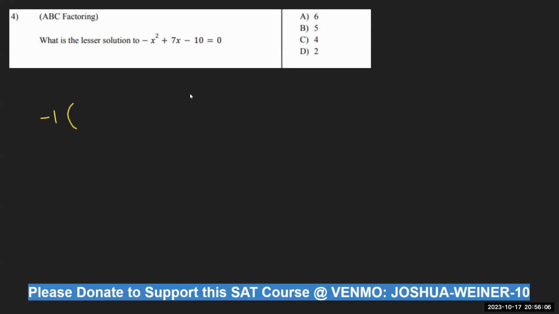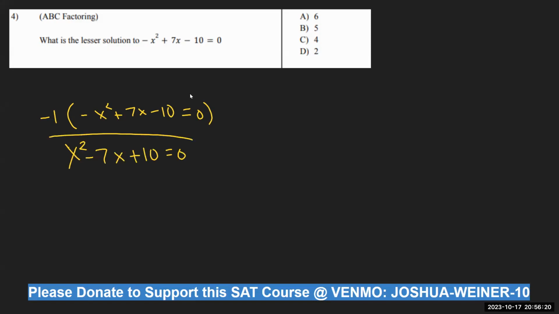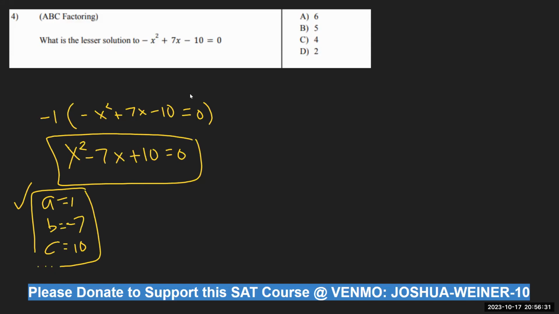So -1 times -x squared plus 7x minus 10 equals 0, and then I'm rewriting it as x squared minus 7x plus 10 equals 0, because then A equals 1, B equals -7, and C equals 10. Now I have my A equals 1 in place, and I can use ABC factoring. So that was the pre-step for this one: multiply by -1.